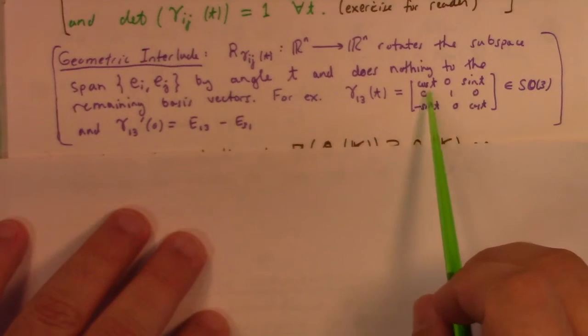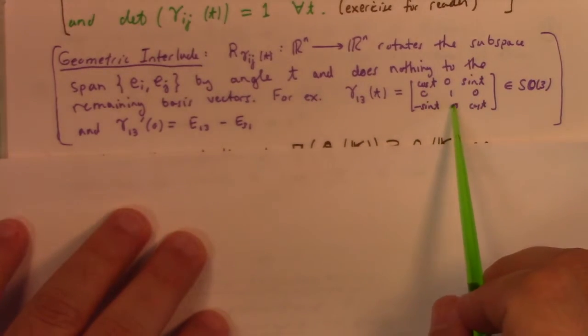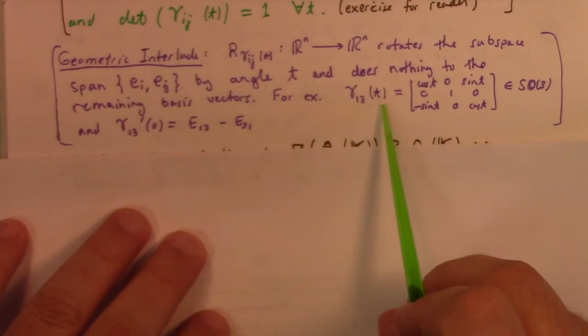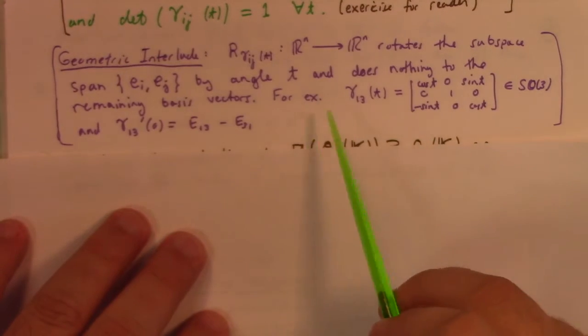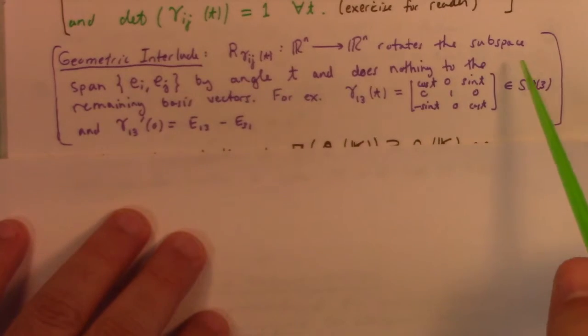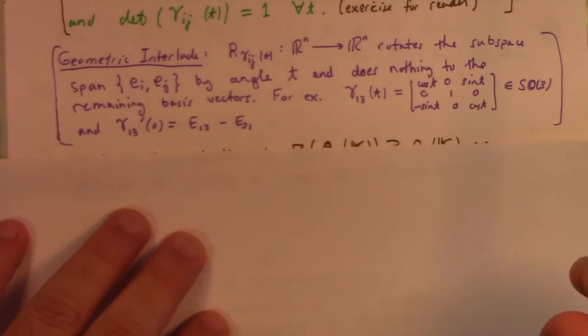This is the curve: cosine t, sine t, minus sine t, cosine t. This is a rotation which fixes the y-axis, right? So it rotates vectors in the 1-3 plane, where the 2 direction is the normal to the plane. And this comment holds just as well in n dimensions where the gamma ij is defined.